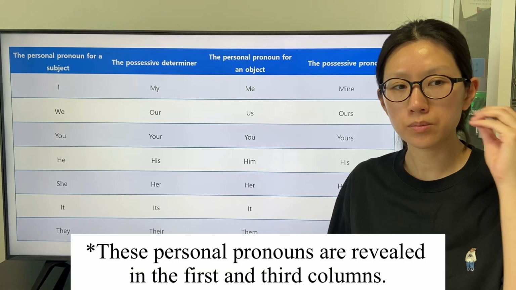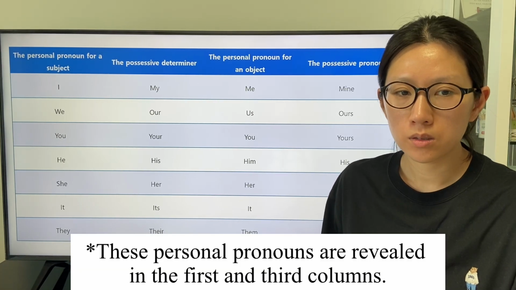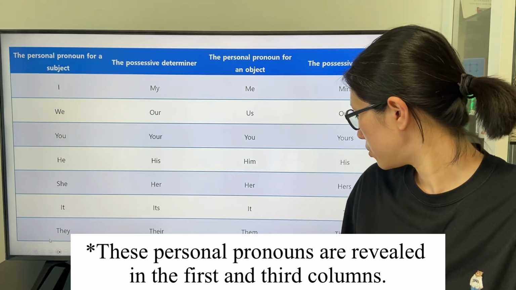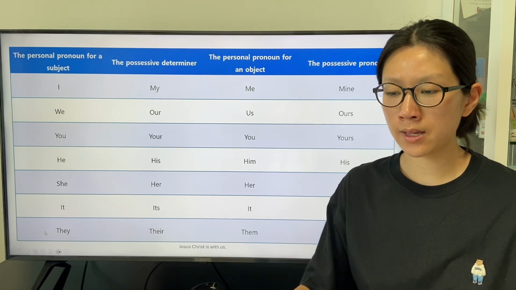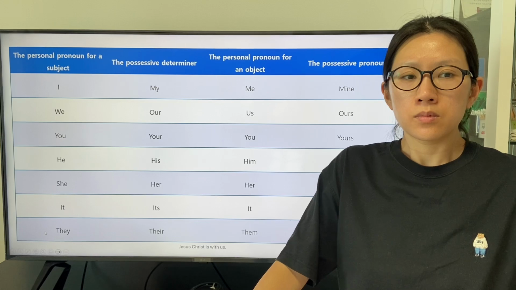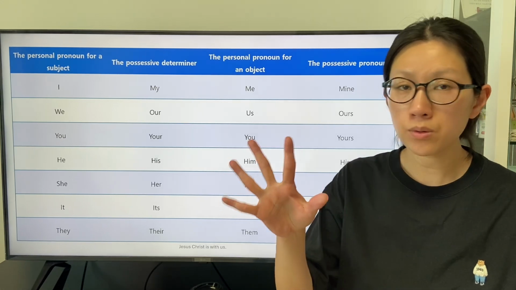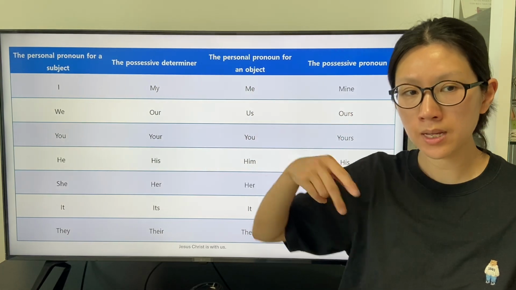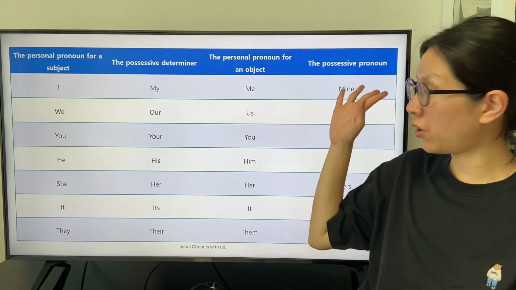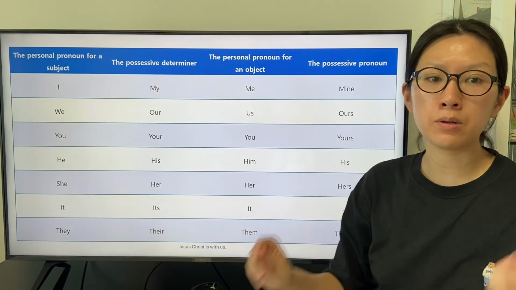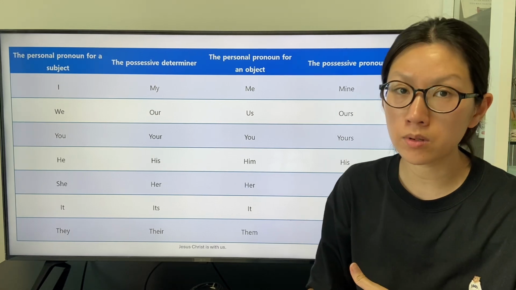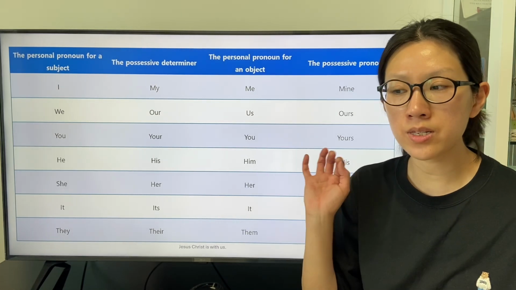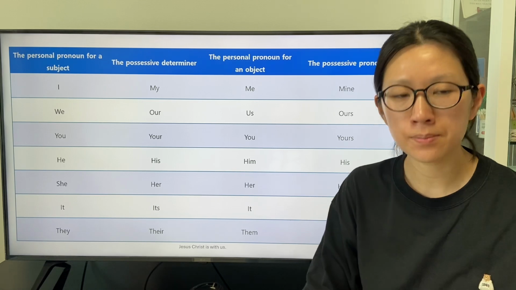These personal pronouns are revealed in the first and third columns. We can preview the possessive determiner in the second column, and the fourth column is about the possessive pronoun that we deal with in this class.